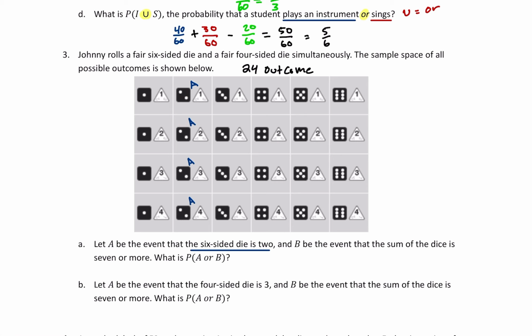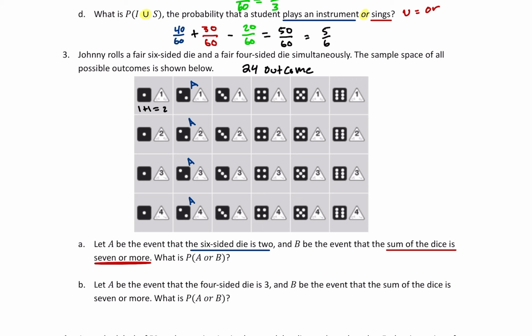Now let's look at event B. It says let event B be the event that the sum of the dice is 7 or more. What does that mean? I'm going to add up my dice. This 6-sided die is 1, and this 4-sided die is also 1, so I get 2.